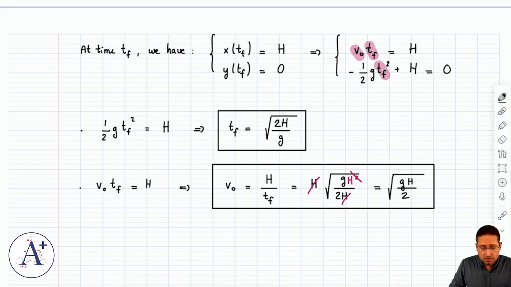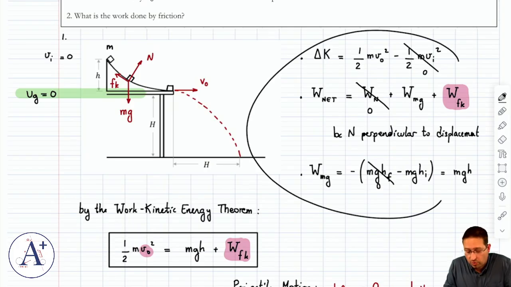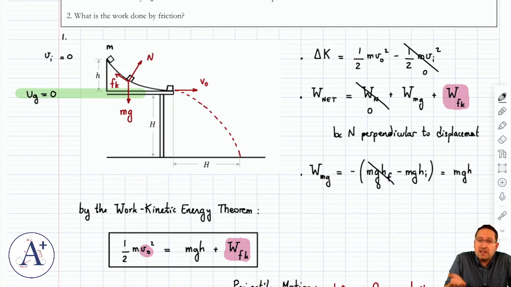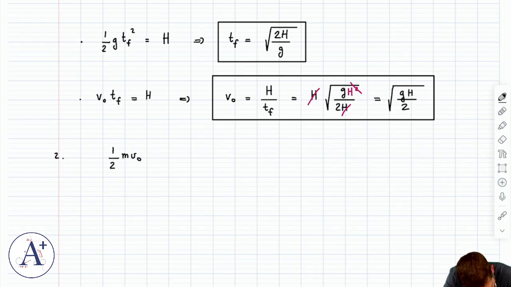Yeah, I know. Your first question did not ask me to do this. Whatever, I don't care. I did it anyway. My answer is right here, it's boxed. That's the answer to the first question. And then the answer to the second question, of course, is that, well, we already found that 1/2 of m v0 squared is equal to mg little h plus the work done by friction. And so now, if you want the work done by friction, it's fairly straightforward.